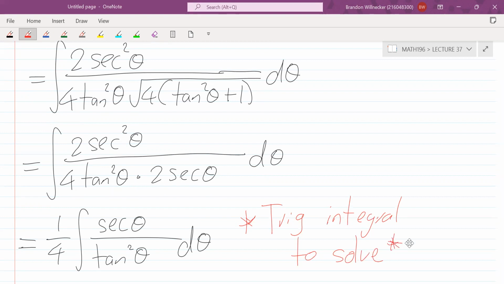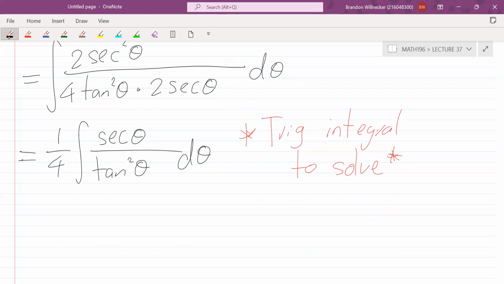Now we just think back to when we did trig integrals and we think, what do I need to do to solve this one over here? It involves sec and tan squared. So let's try and simplify this. 1 over tan squared, we can write that as cos squared theta over sine squared theta.